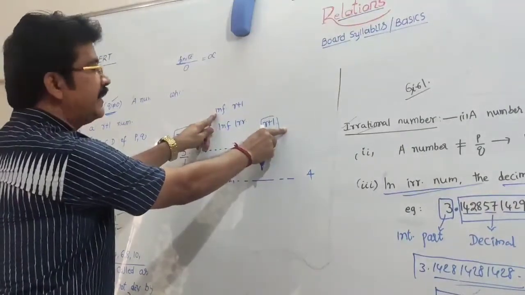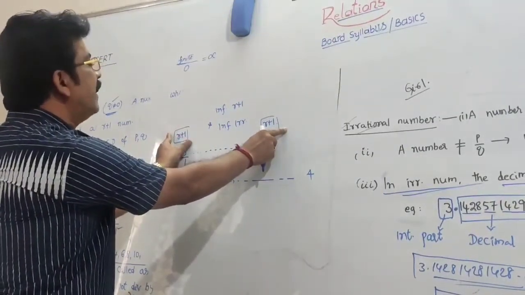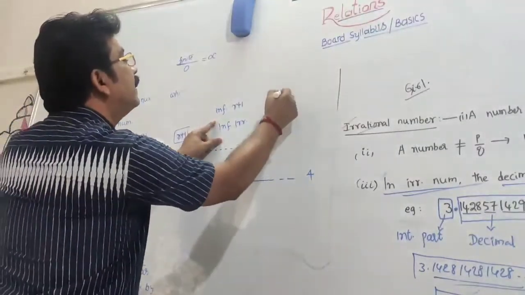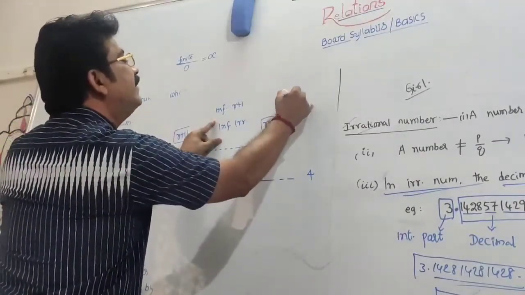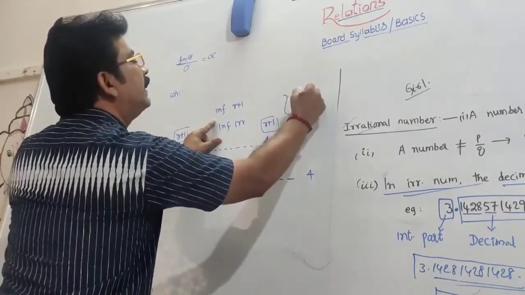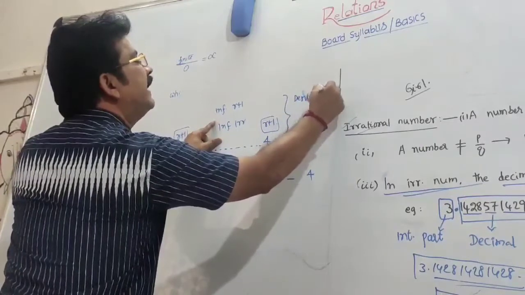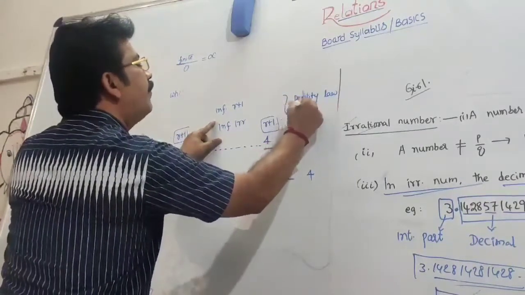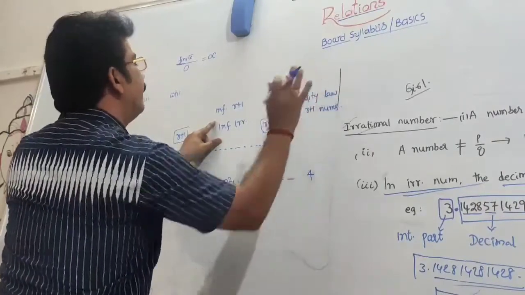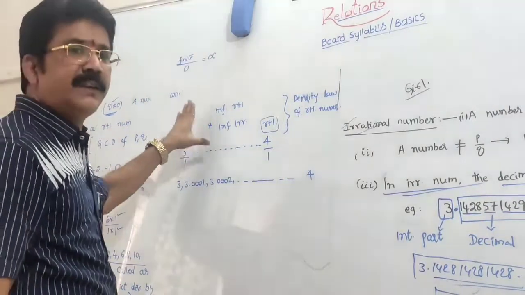Infinite rational numbers are there. Between two rational numbers, how many irrational numbers are there? Infinite irrational numbers are there. So this is called the density law of rational numbers. This is very important for JEE.